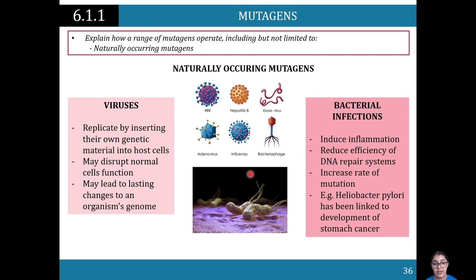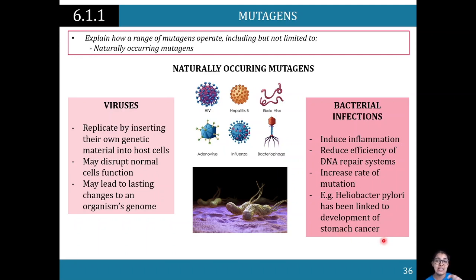And bacterial infections, what they do is induce inflammation. That reduces the efficiency of our DNA repair systems and leads to an increase in mutations. A good example of this is Helicobacter pylori, a bacteria that has been linked to the development of stomach cancer.